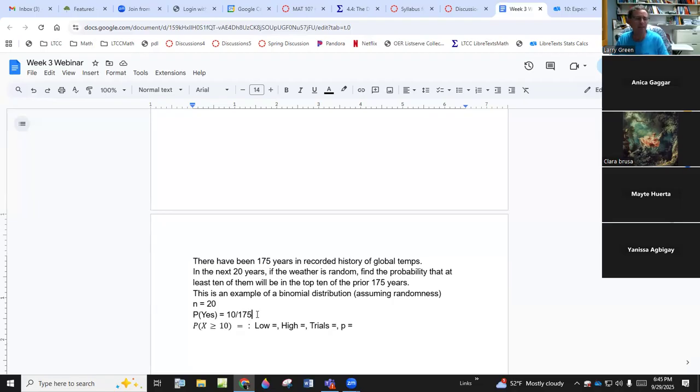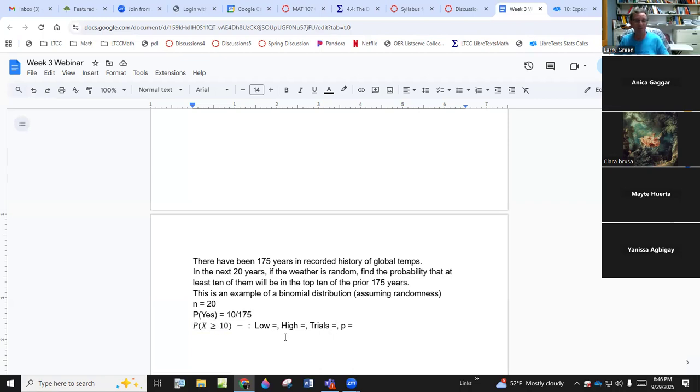All right, so now we need to say, what is the probability that at least 10 of them will be in the top 10? So that's the probability that X is greater than or equal to 10, that the number of yes answers is at least 10. For that to happen, what's the lowest number that could be in the top 10 of the prior 175 years?